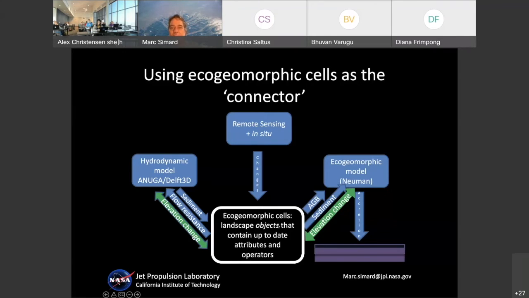And thirdly, we have the ecogeomorphic model, or MEM, and this model is actually for vegetation growth and sediment, mineral, and organic soil accretion. So this is the model that at the end will predict the fate of each of these ecogeomorphic cells using the information that's provided here.